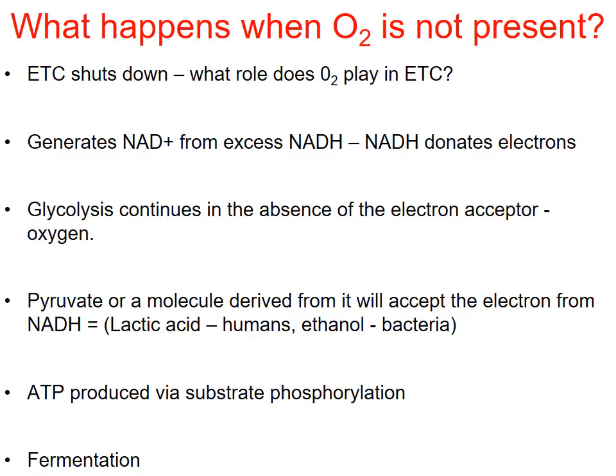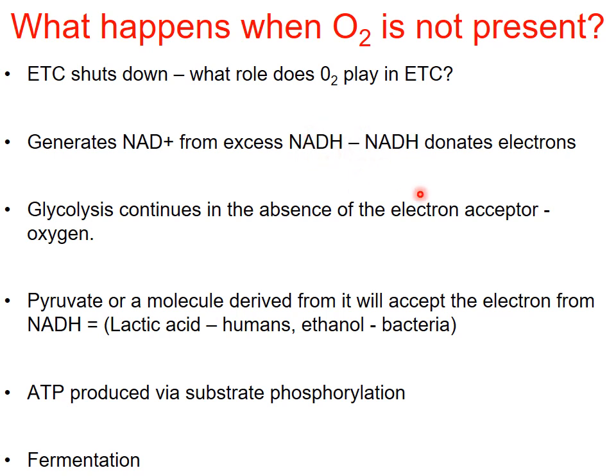So when oxygen is not present, the electron transport chain cannot operate, okay? Because it is important to remember that oxygen is the final acceptor in the electron transport chain to produce water. So electron transport cannot happen when oxygen is not present, okay? So we have NAD+ being produced from the NADH.